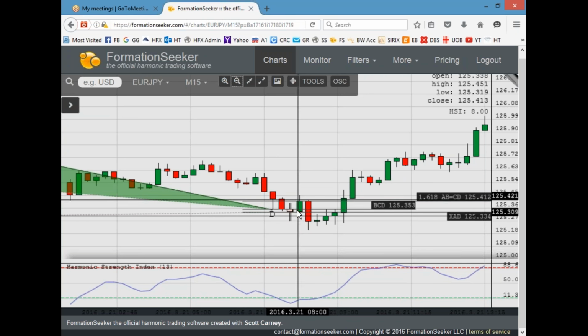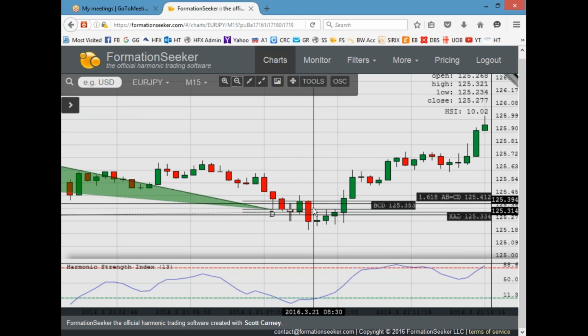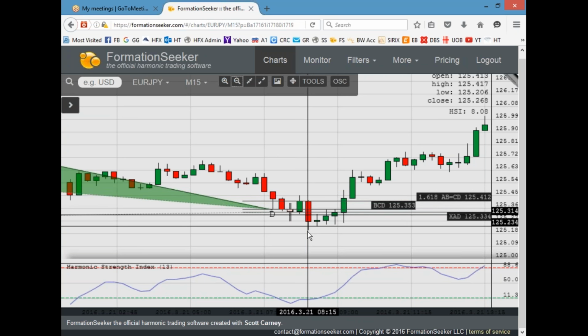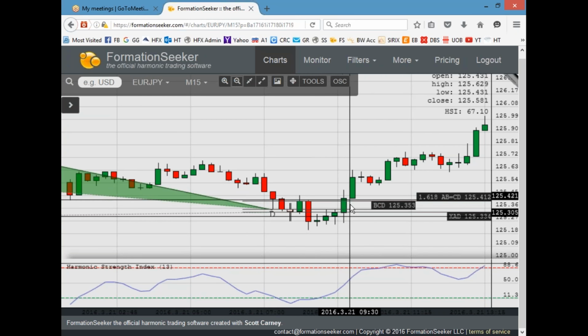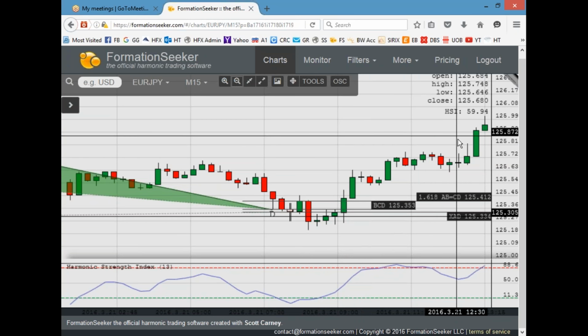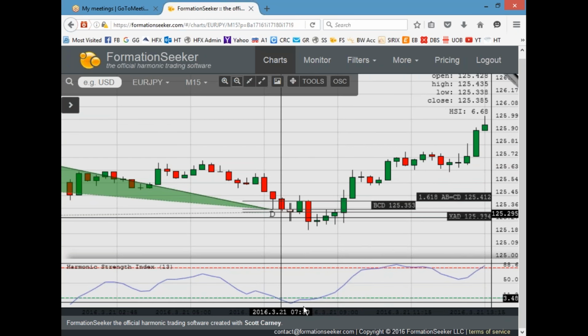So this next bar is quite nice. Why? Because it shows that the buyers are interested. Then the next bar, of course, wow, huge red bar, but it's okay. And then it starts steadily picking up, and then it moves up nicely.